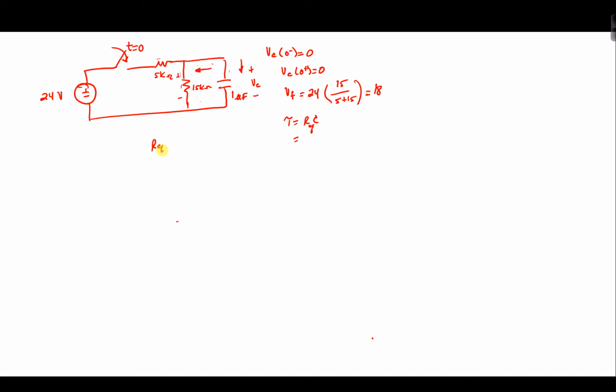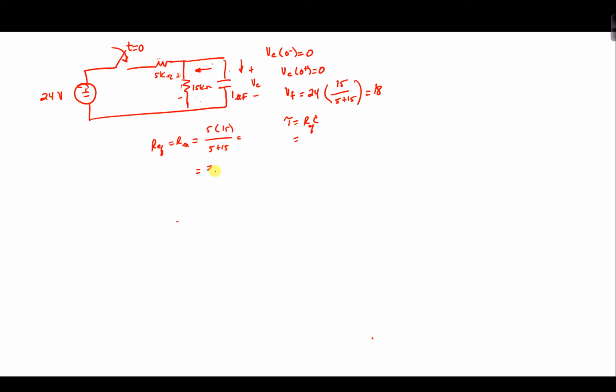So Req is equal to R Thevenin, which we can get from method 2, deactivating the source and looking at the resistance that results, which is the parallel resistance of the 5 and the 15. And that resistance is equal to 3.75 kiloohms.